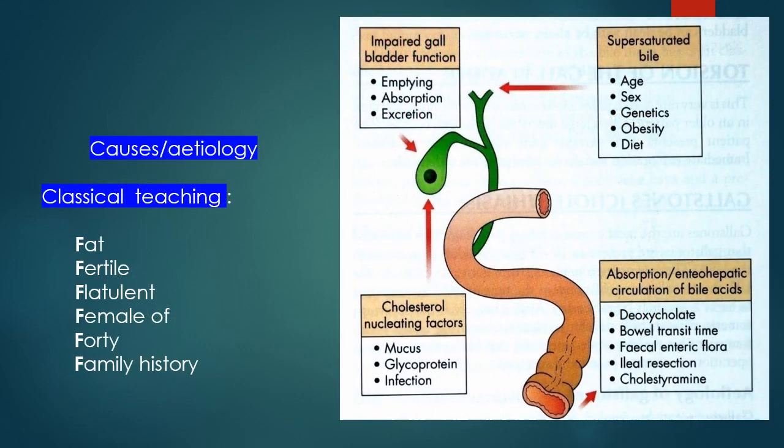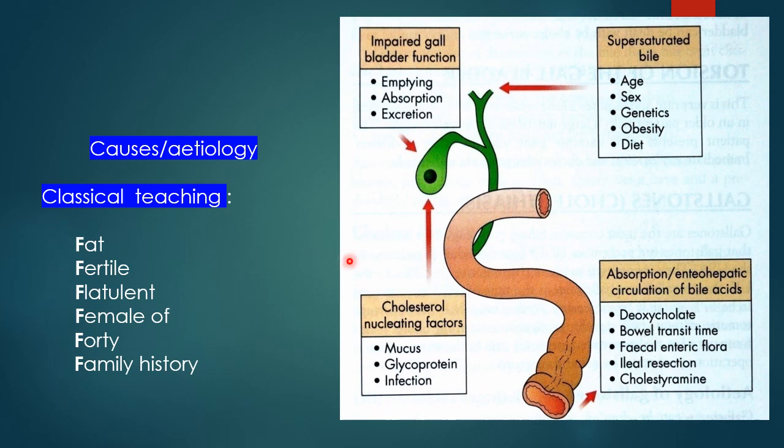Under the etiology, we have a number of predisposing factors. The classical teaching is fat, fertile, flatulent, female, 40, and family history. The 6 Fs are very important. It's still very true till today.